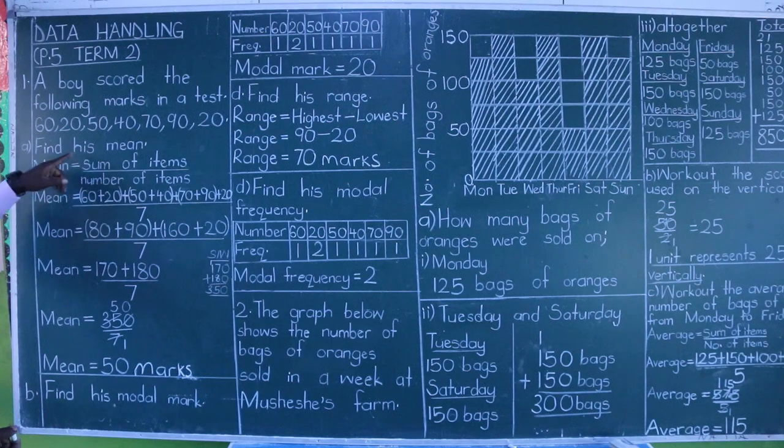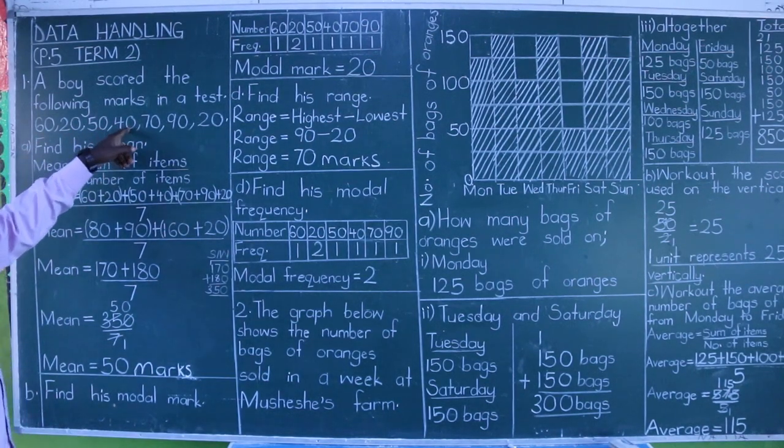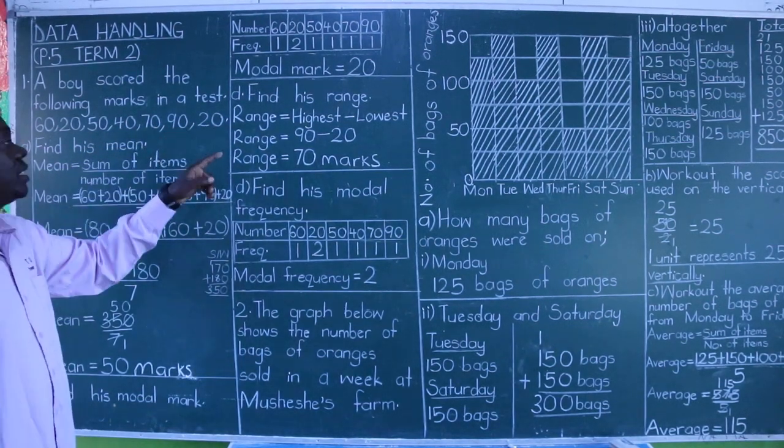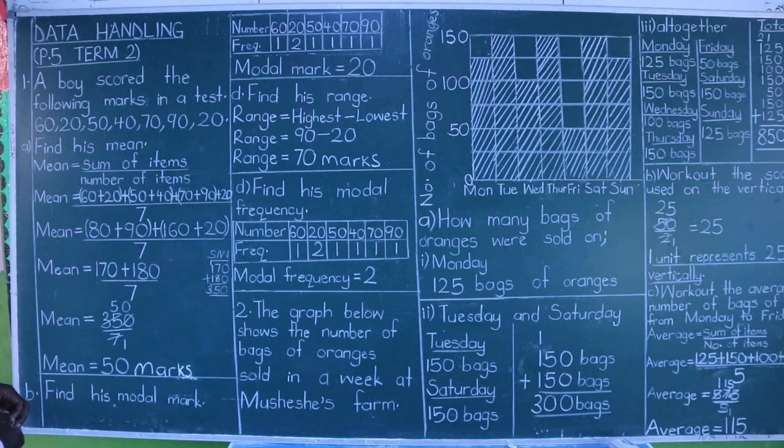I've got 60, 20, 50, 40, 70, 90, and 20. Now, part A reads, find his mean.